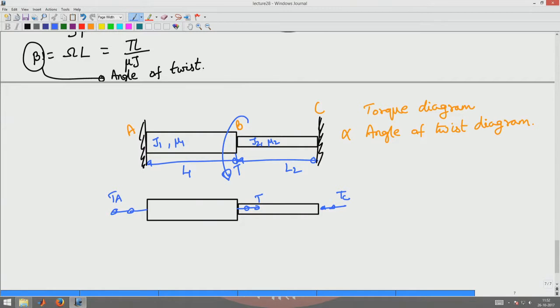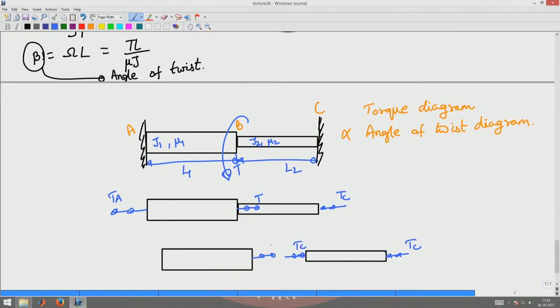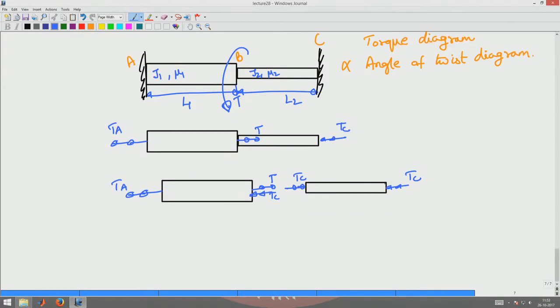Further separating out these blocks, I will have Tc acting here. To maintain equilibrium there will be a Tc acting like this, and here there is a T and a Tc opposing that, because Tc has to equilibrate there, and then there will be a Ta acting like this.